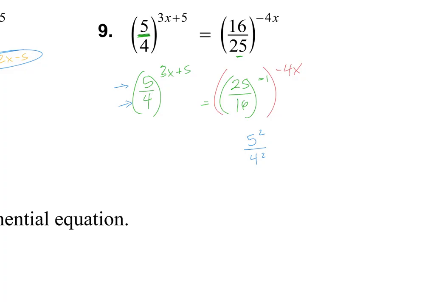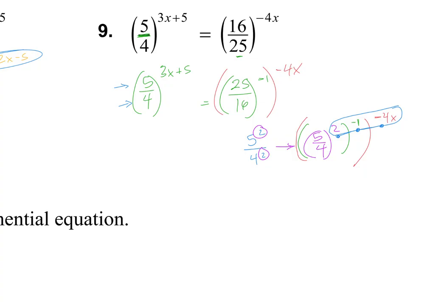Well, the fact that both of these are being squared means we could write it like this. And don't forget, there was that -1 outside of it. And don't forget, there was that -4x outside of that. And now, check it out, we have a power raised to a power raised to a power. We can just multiply all of these powers.